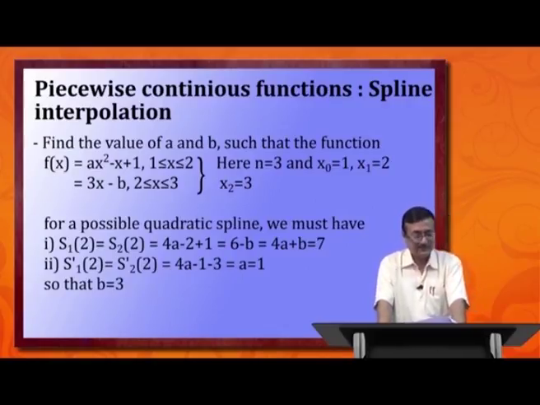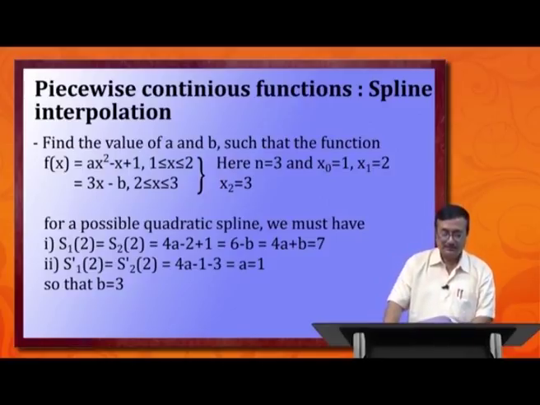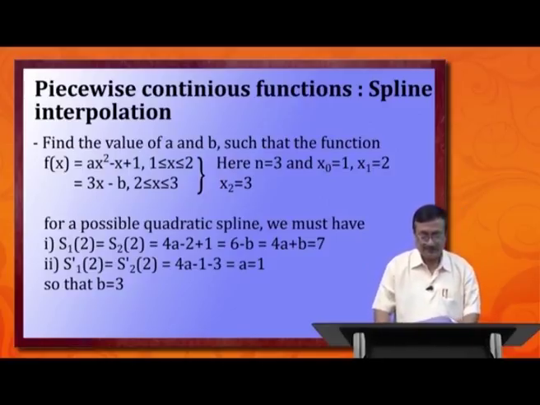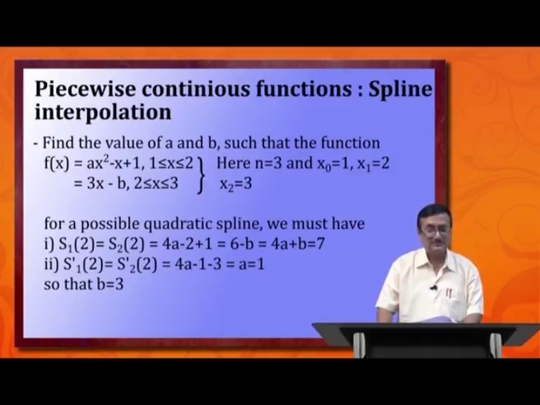The second condition, that is the derivative condition, S1 dash at x is equal to 2 and S2 dash at x is equal to 2, gives us the value a is equal to 1, so that b is equal to 3. So if we take a is equal to 1 and b is equal to 3, then f(x) will be a possible quadratic spline satisfying the conditions that the functional value as well as the derivative value are equal at the intermediate points.